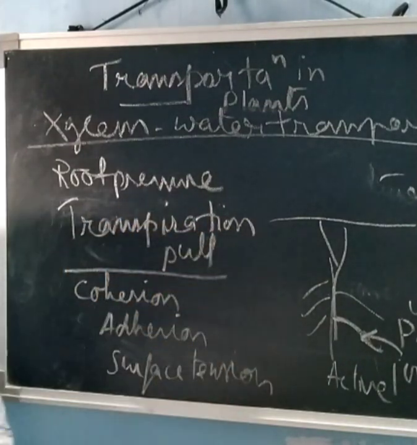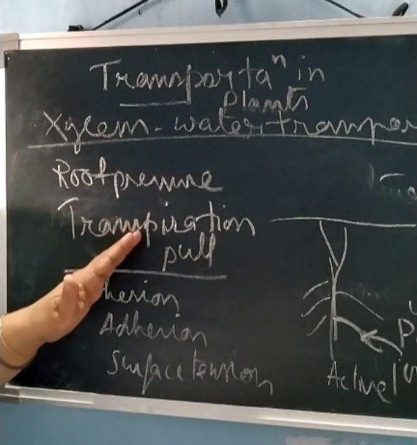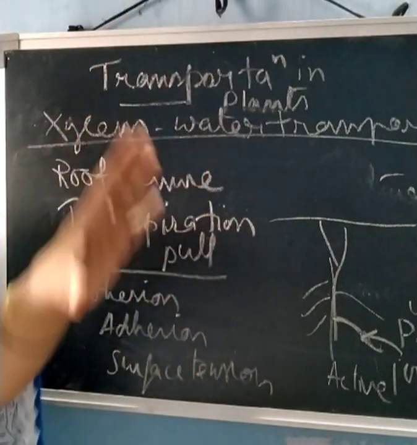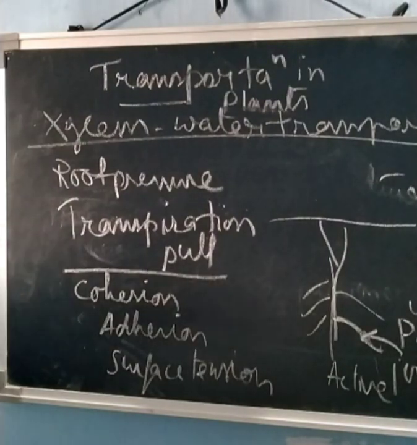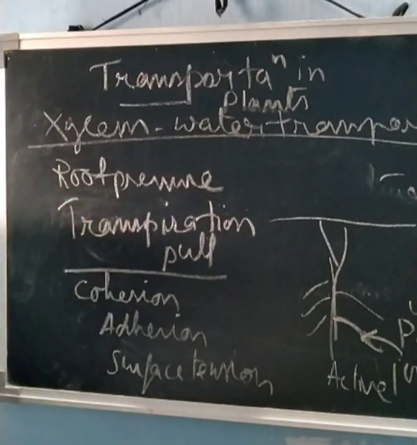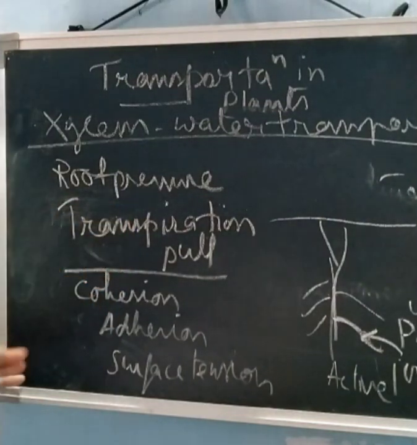For them the root pressure is good to send the water. But if it is a very tall, multi-storied plant, a tree, trees don't normally follow root pressure, they go for another mechanism, that is transpiration pull.